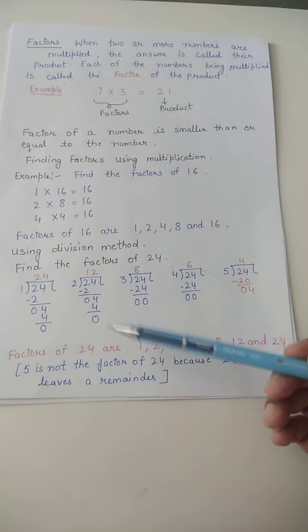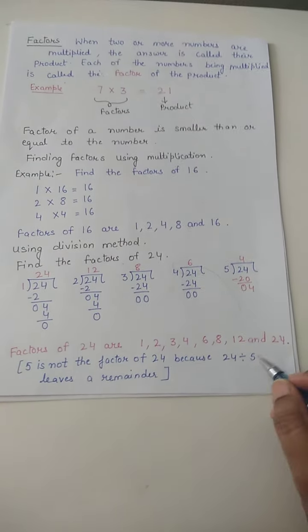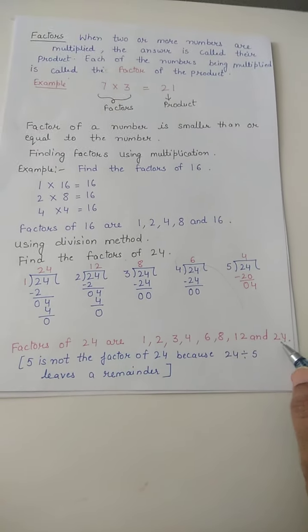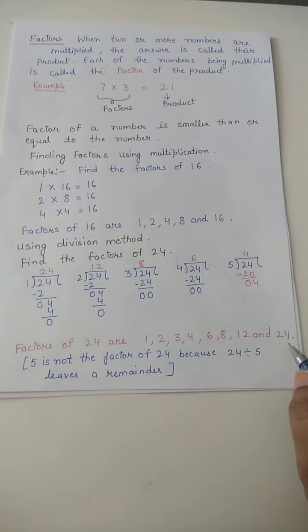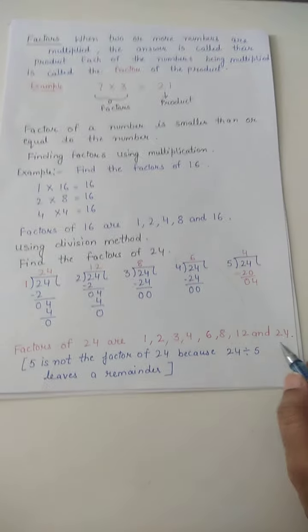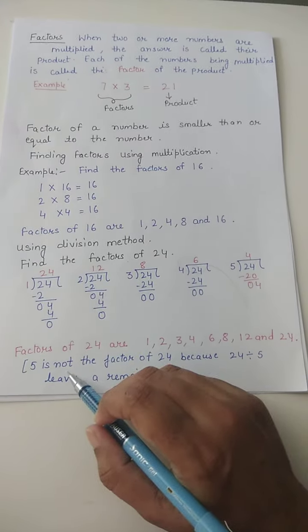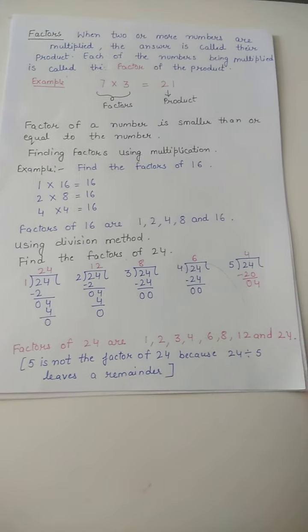Now the quotients are also factors: 6, 8, 12, 24, right? And the number was 24, so 24 1s are 24, so 24 is also a factor of 24, because 24 can divide itself, right? So the number is also a factor of itself. Here I am writing: 5 is not a factor of 24, because 24 divided by 5 leaves a remainder.